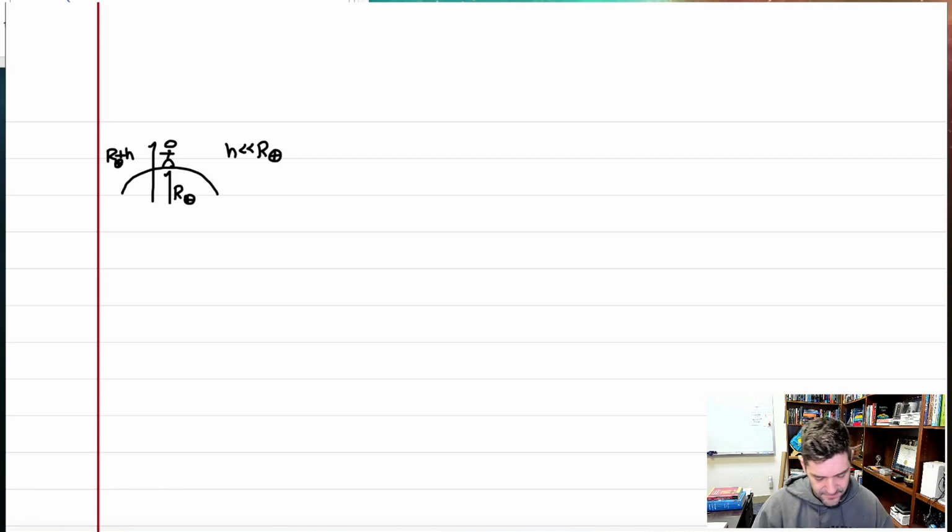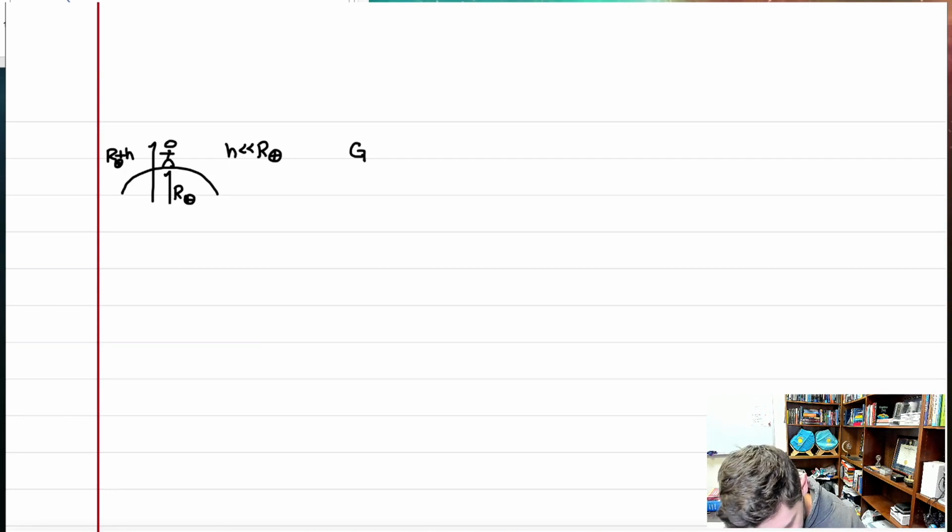And I gotta ask myself, how does it differ between the two? So I could say, of course, the force at my head is going to be G times the mass of the Earth times, take a proton that's on my head, and then it's going to be divided by the radius of the Earth plus my height squared. That is going to be the force at my head.